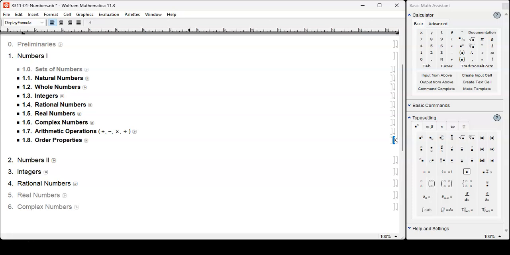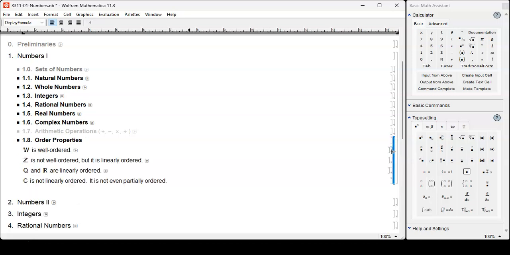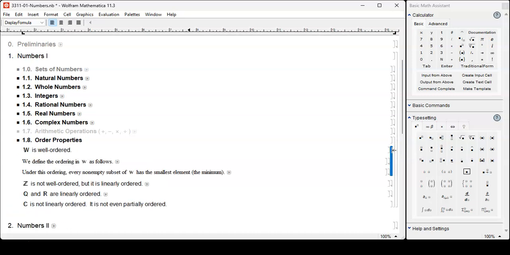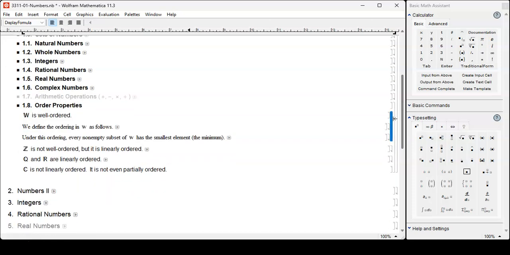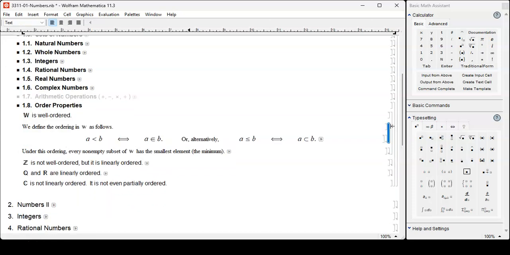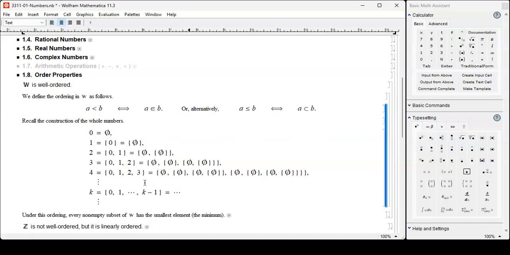Now, how about some order properties? Let's get on with those, so let's de-emphasize again. W is well ordered. We define W using the recursive method. And we define it like this, remember?